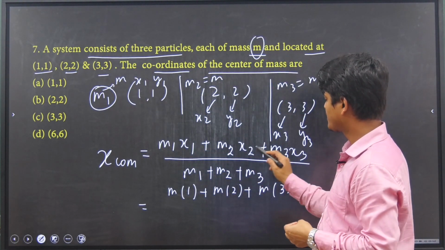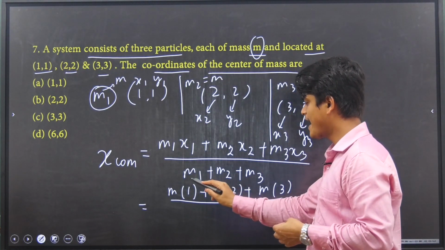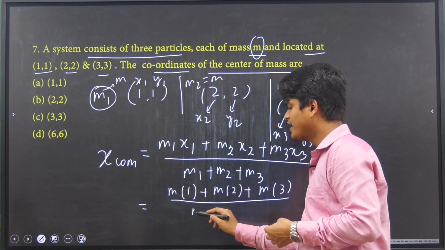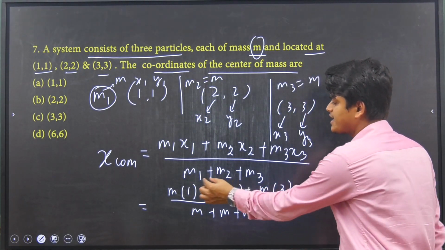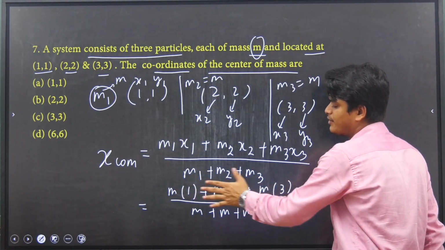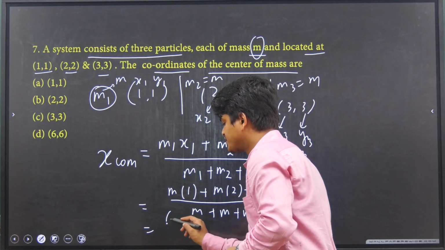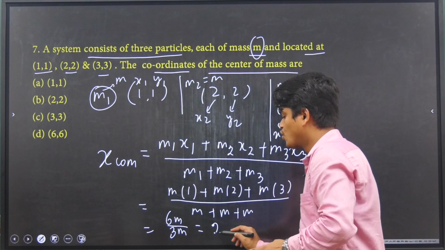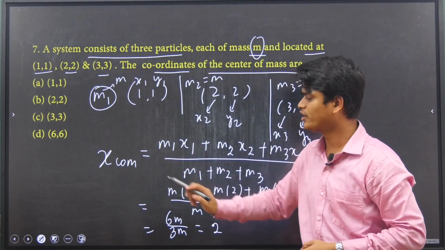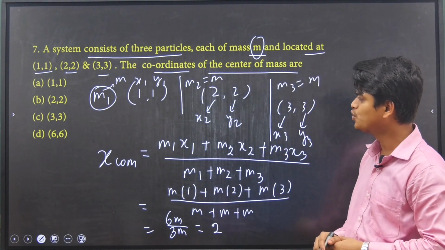Then coordinates x1, x2, x3, divided by m plus m plus m. Now it is m, 2m, 3m. If you add, it will be 6m. So 6m by 3m means it is 2. That means the x coordinate of the center of mass is 2.